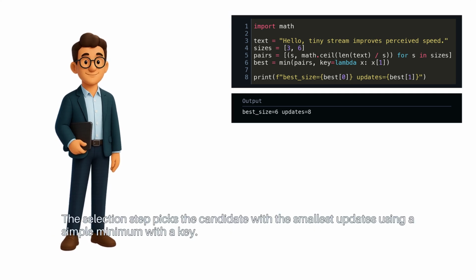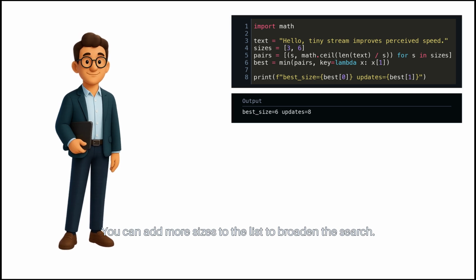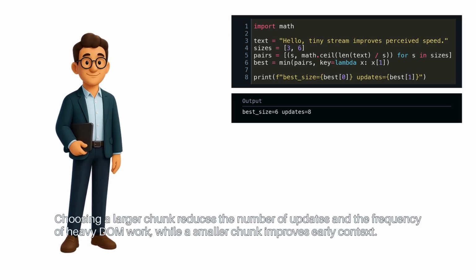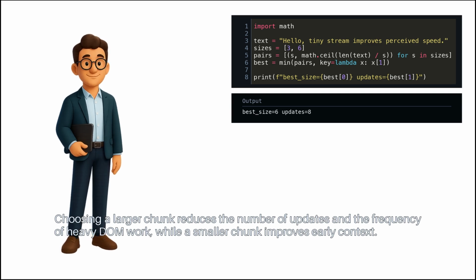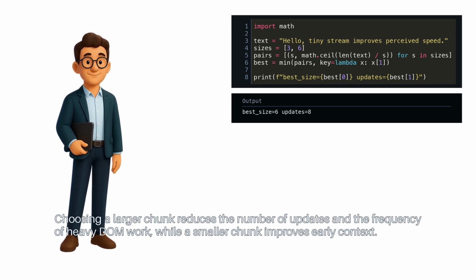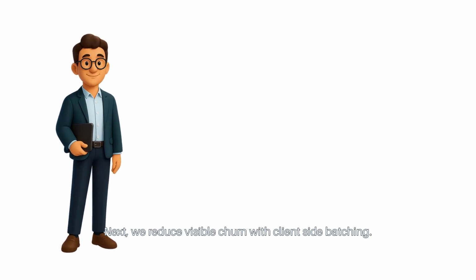The selection step picks the candidate with the smallest updates using a simple minimum with a key. You can add more sizes to the list to broaden the search. Choosing a larger chunk reduces the number of updates and the frequency of heavy DOM work, while a smaller chunk improves early context.